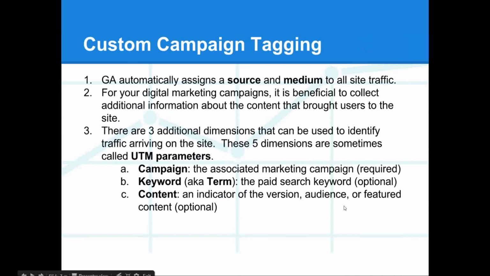For example, if you are sending an email blast and you send one version of an email to your loyalty customers and another version to just your regular distribution list, you could use the content dimension to distinguish which version of the email that person would have viewed.